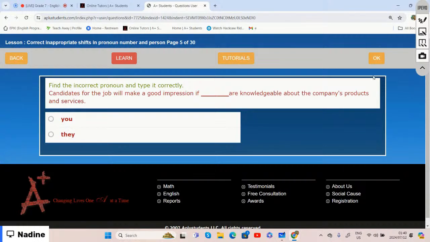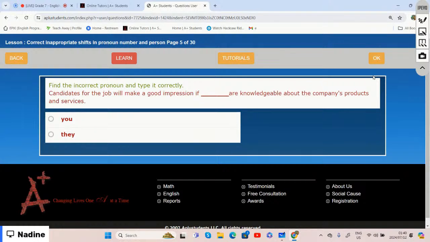We say candidates for the job will make a good impression if. Do we say you are knowledgeable about the company's products and services?